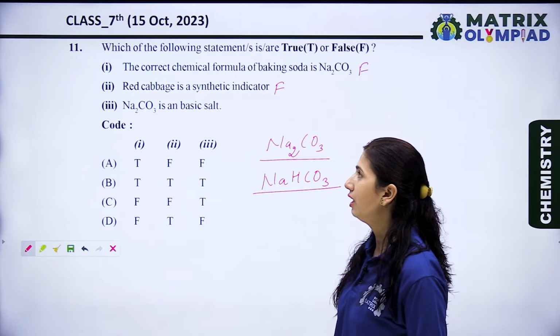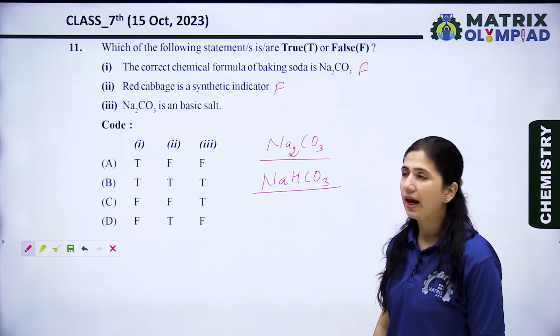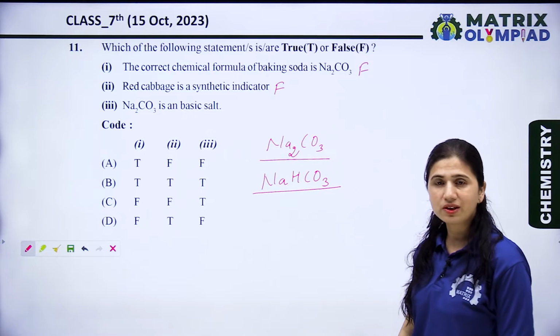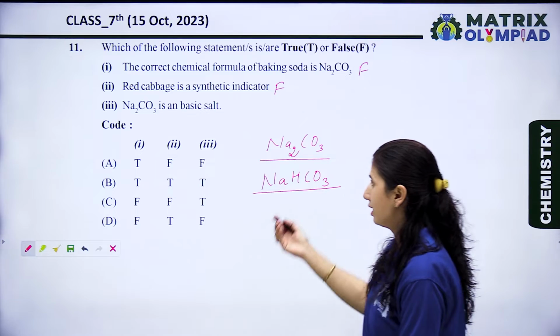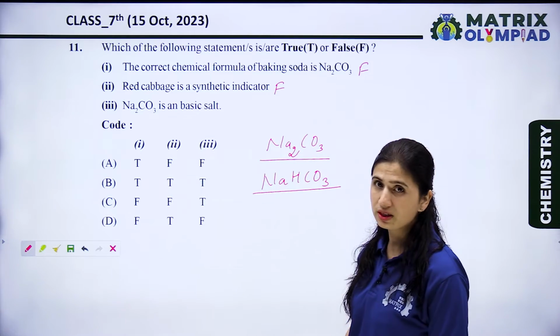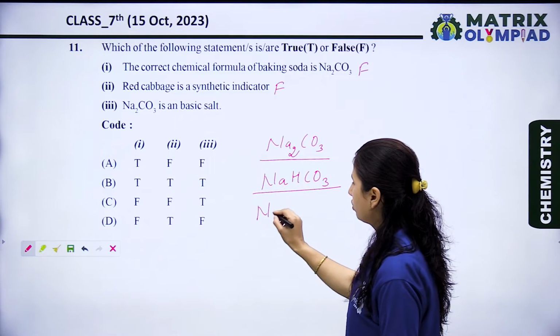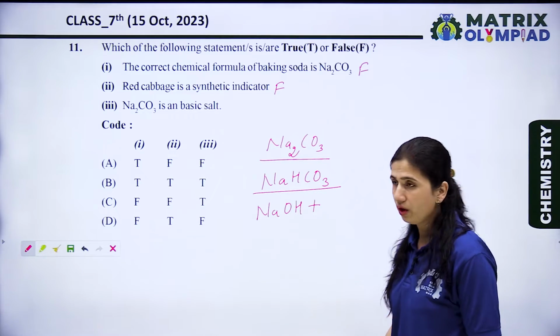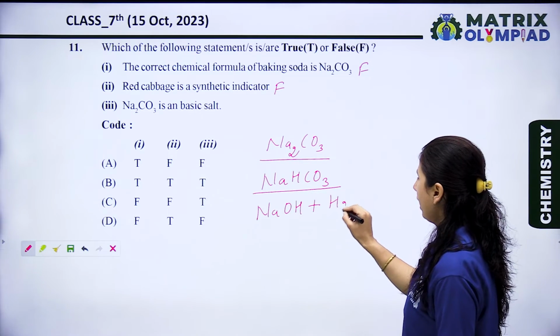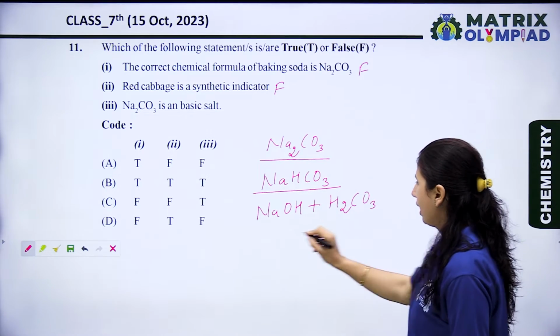Now let's see the next statement. Na2CO3 is a basic salt. Yes, it is a basic salt. How is it a basic salt? Na2CO3 is formed by the combination of NaOH and H2CO3.